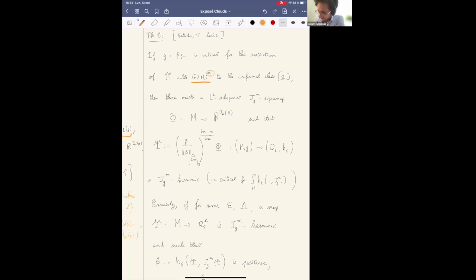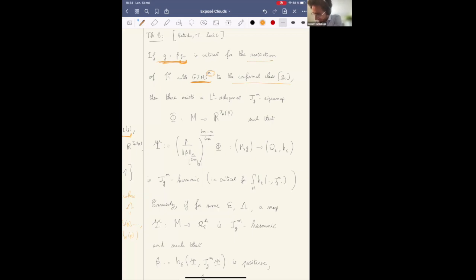We choose some index m. We consider the spectrum of the GJMS operator of order m. We assume that we are given some metric that is conformal to some reference metric g naught, and we assume that this metric is critical for the restriction of F to the conformal class of g naught.